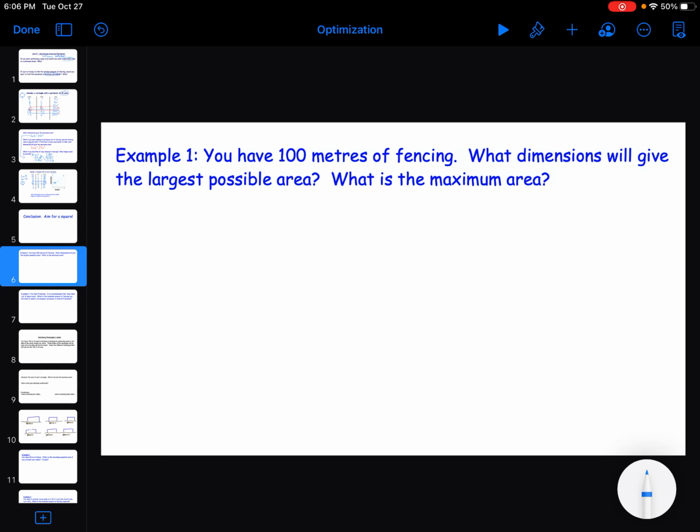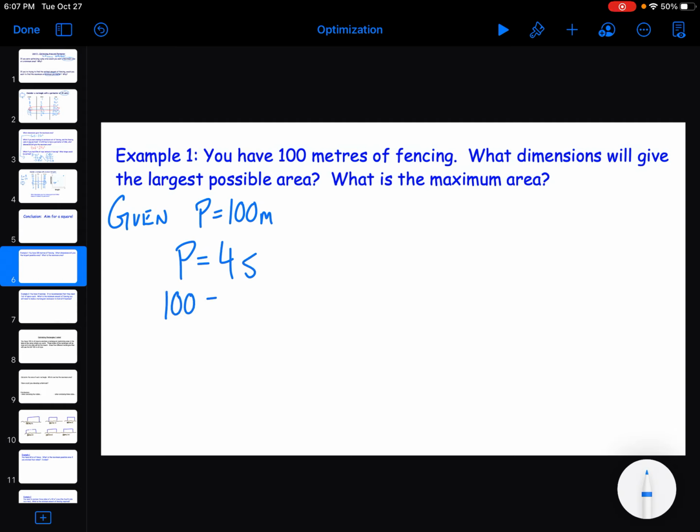So the next thing is, if we had 100 meters of fencing, what dimensions would give you the largest possible area? And what is the maximum area? What we're given is a perimeter equal to 100 meters. If we want it to be a square, the perimeter equals 4 times the side length, or 4 times s.